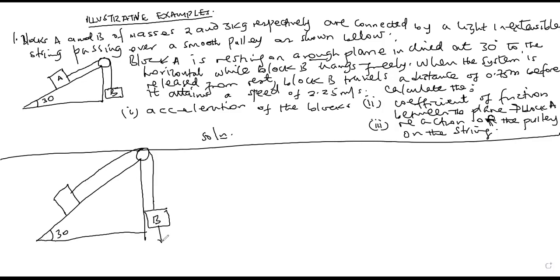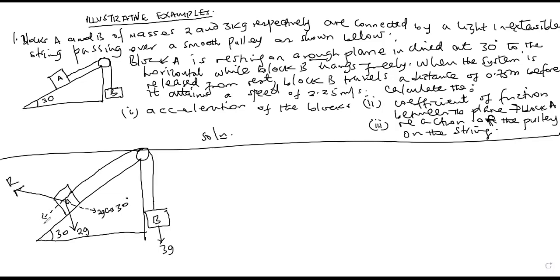This is B. It will have a weight of 3g because here we're having 3 kilograms as B. And this is our A, which will have a weight of 2g. We should have 2g cos 30 degrees, and the normal reaction.